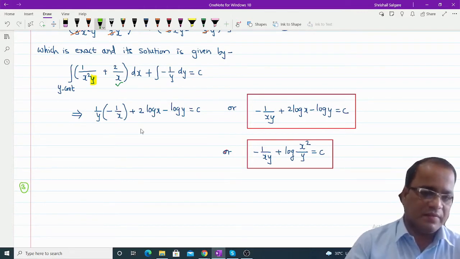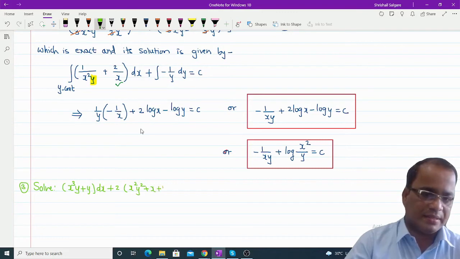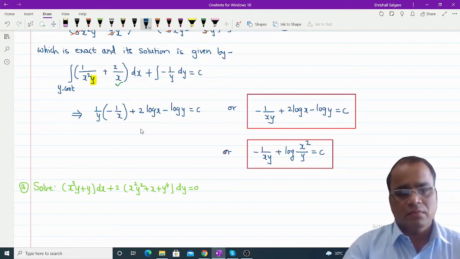Suppose the equation is given, solve (x cube y plus y) dx plus 2 into (x square y square plus x plus y raised to 4) dy equal to 0. Now take 2 or 3 minutes and verify.